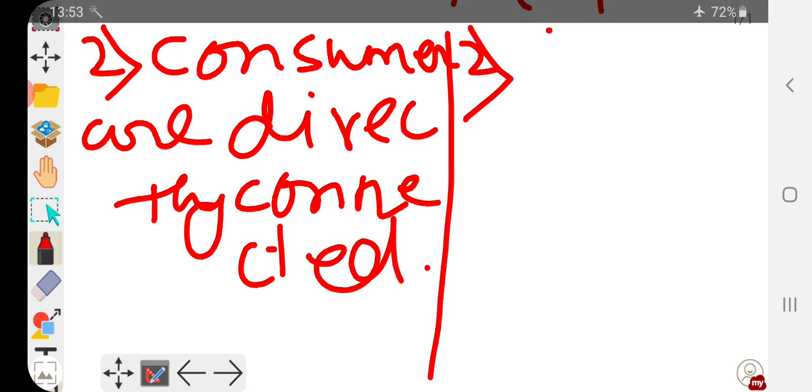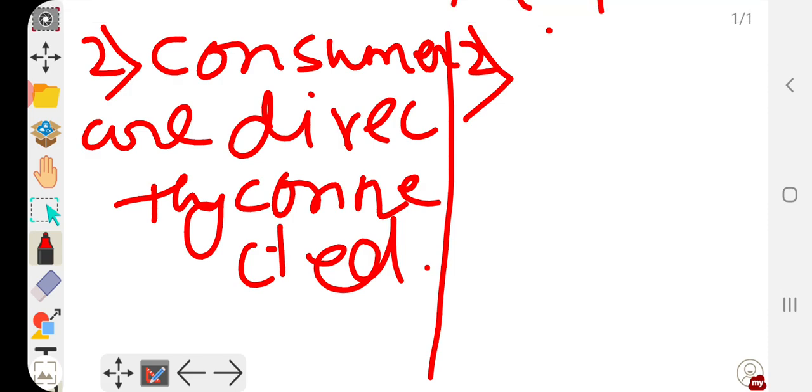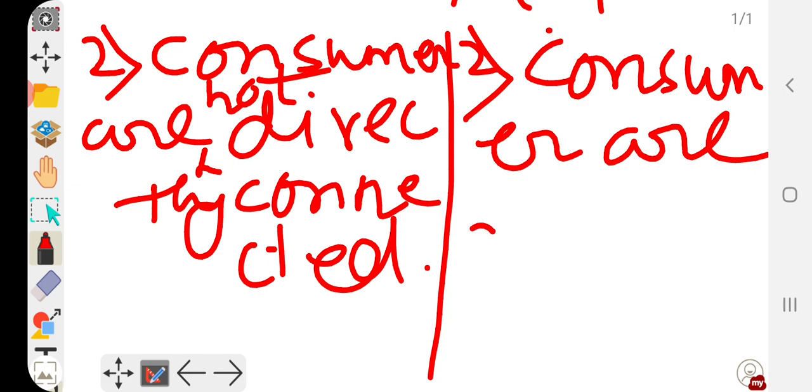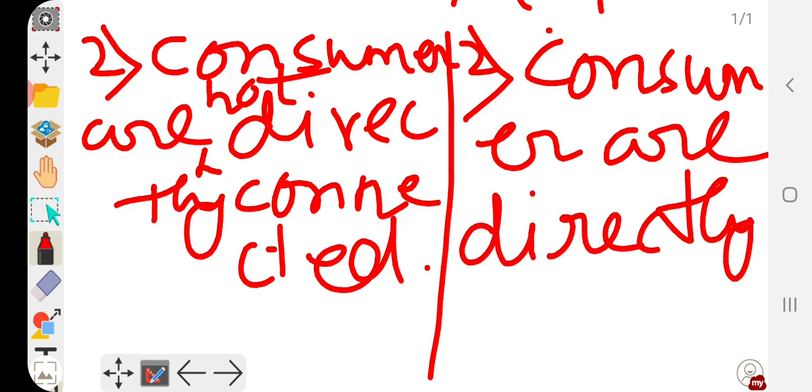Means for the product, consumers are not directly connected here, whereas here consumers are directly connected for consuming the products. And what will be the third point of difference?